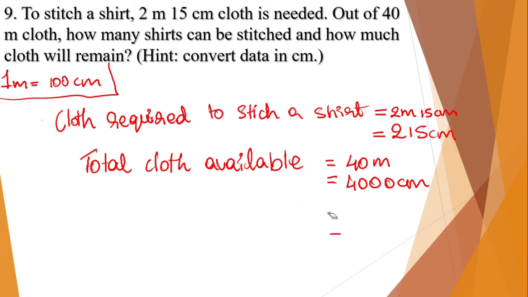But here we don't know how many shirts we can stitch with 40 meter cloth, which is 4000 centimeter. So to find out the answer, we will do 4000 divided by 215.